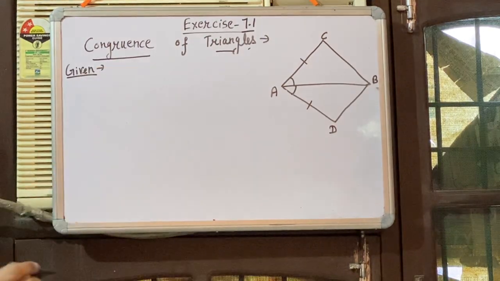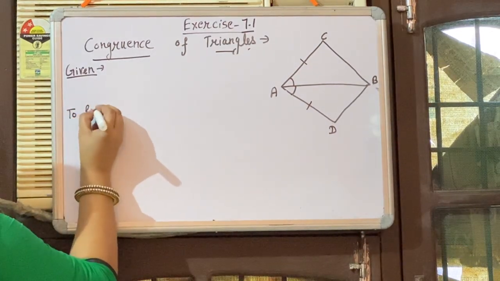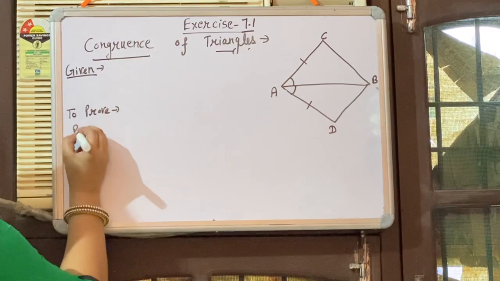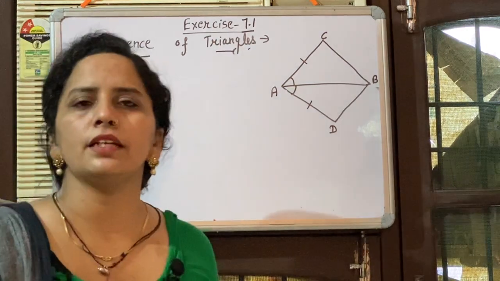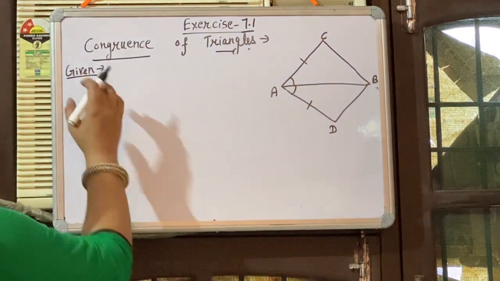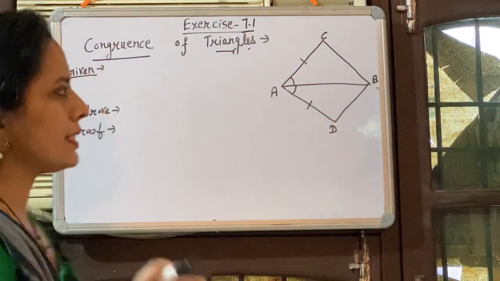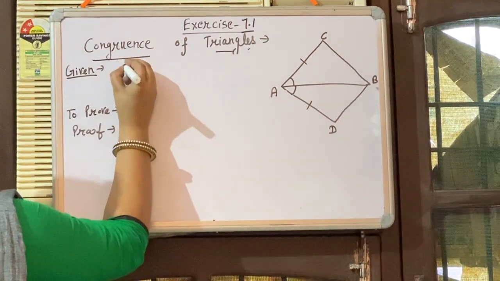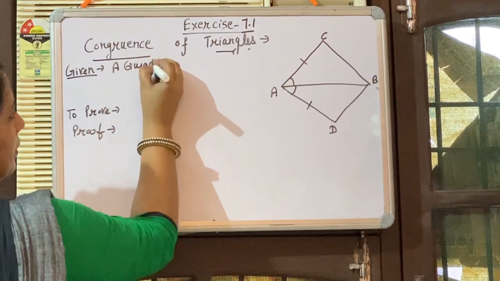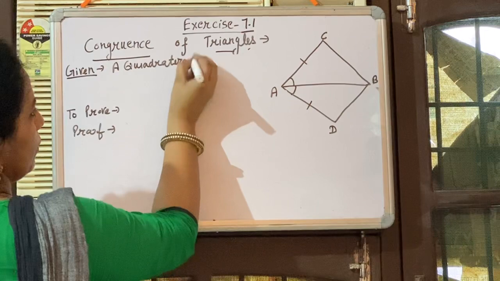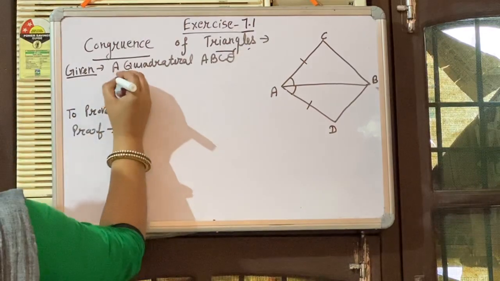First step is given, next step is to prove, which you have to show in your answer, and next will be the proof, that means your solution. So you have to do this question in a systematic way. First step is given. In given, you will write which you are given in the statement. In the statement, you are given a quadrilateral, name of the quadrilateral is ABCD, in which two sides are given.